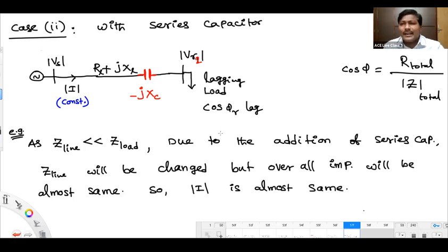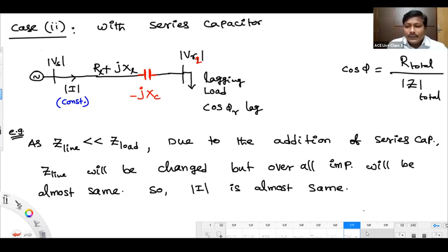Let's say initially, before adding the series capacitor, I have a power factor of, say, 0.8 lagging. After adding the series capacitor, it may become 0.85 or 0.81. Like that, we get only a small increment in the power factor.